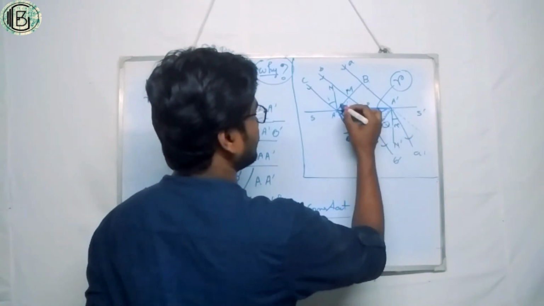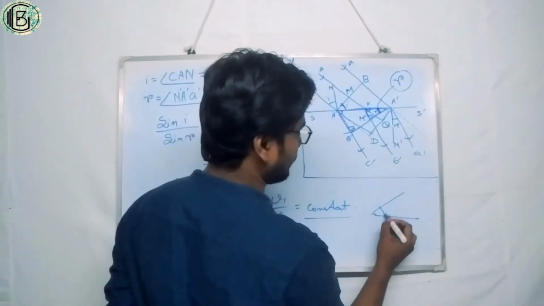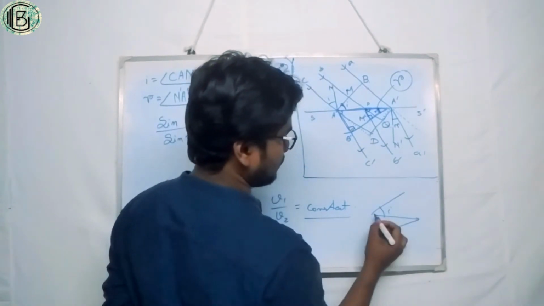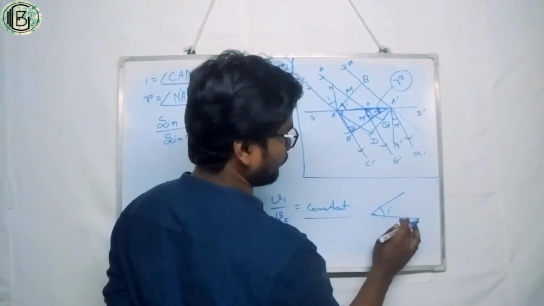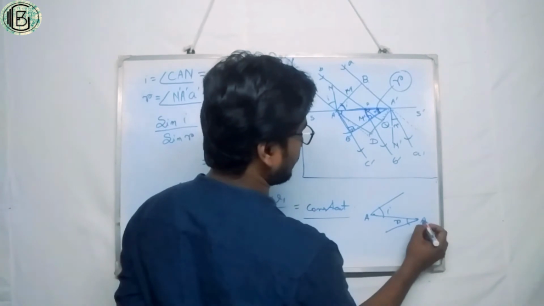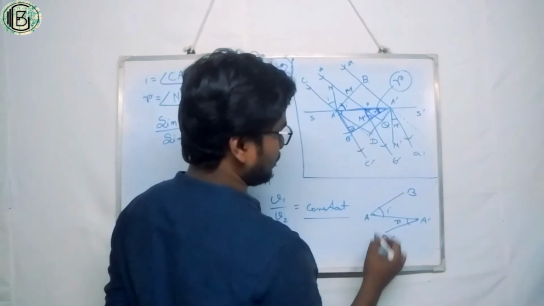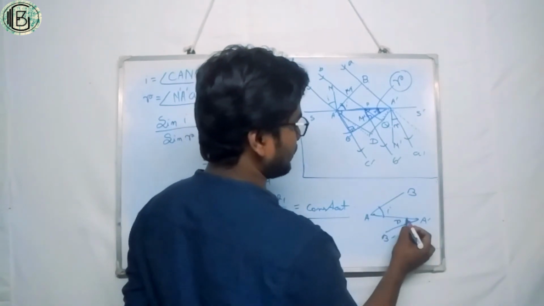That means this angle by this angle. This angle is I and this angle is R. So this is A prime, this is B and this is B prime. So sin I by sin R.